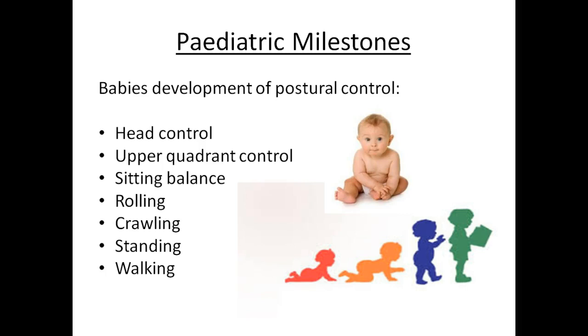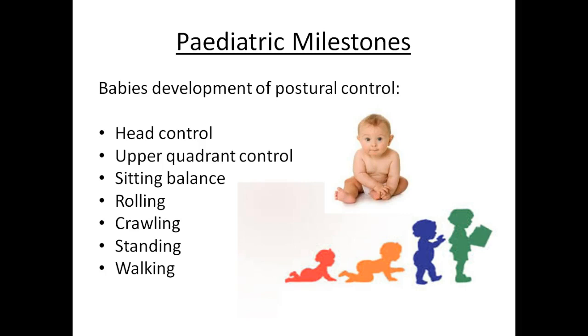And you'll see sitting balance with your neurological patients who've unfortunately lost that due to maybe having a stroke and they've got hemiplegia on one side. Rolling, being able to roll in bed, is a classic skill, and you'll see babies in the early stages can't roll, and then eventually they're able to roll from their front to their back, and that's a skill. And then crawling, this is our mammalian reflex.